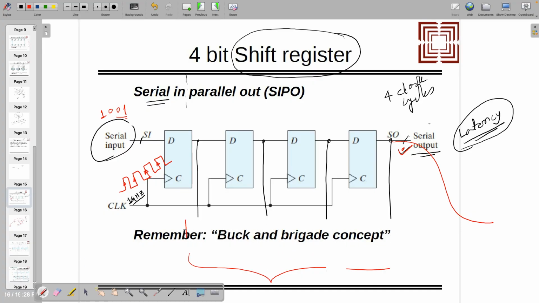You can use one more register here. But here you need 4 registers. When I am writing registers, it refers to flip-flops. Sorry, I made it reverse. It has to be 4 here.